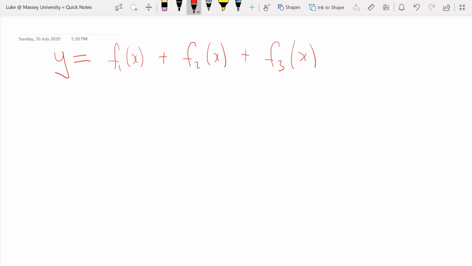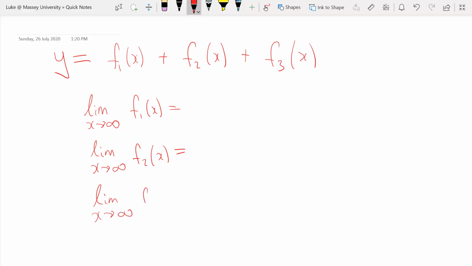To find the transient terms, I just look at the limit as x goes to infinity of f1 of x. Similarly for the other two, the limit as x goes to infinity of f3 of x.